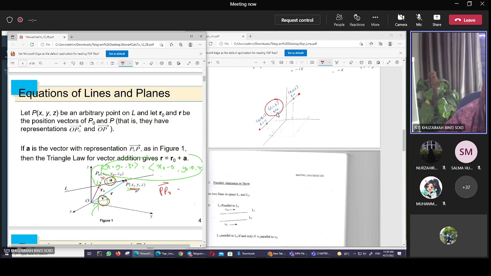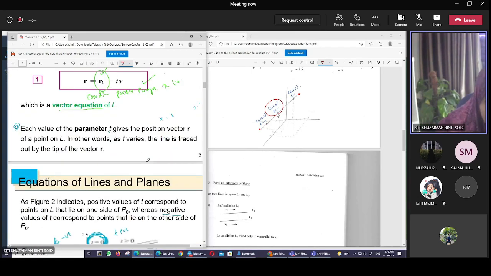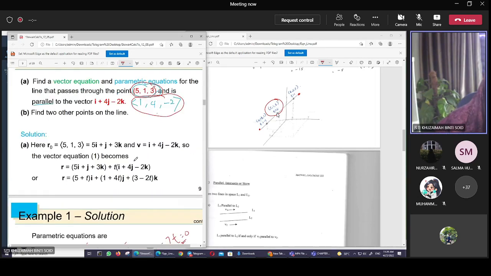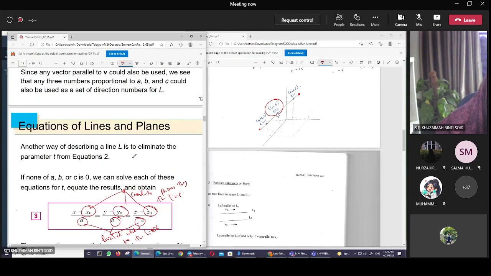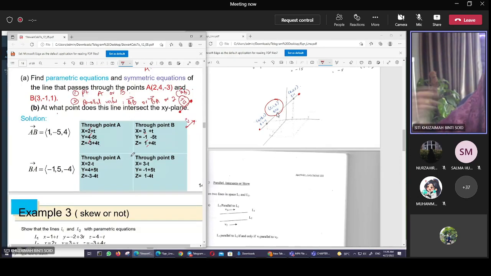Ataupun half daripada P not P. Tapi yang senangnya, okay, just take out A, B, C. So point A, point B, plus, plus, plus. Okay, and the parallel vector can be obtained through the deducting between these two points. Yeah. Faham ke you all?